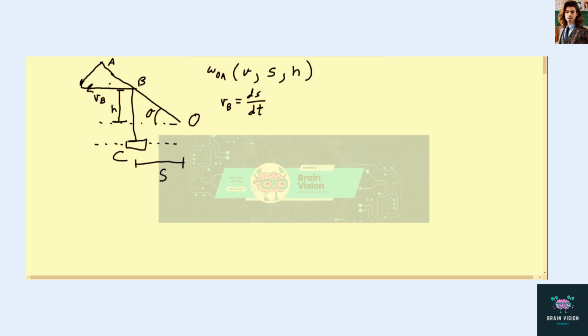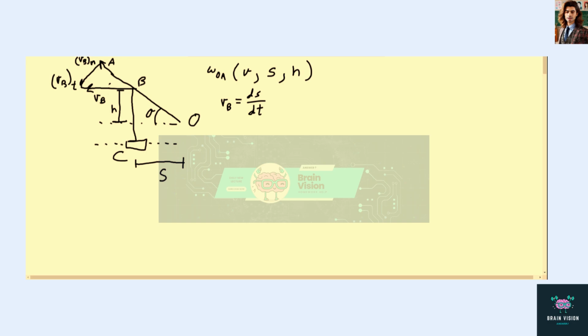We can then also look at the tangential and normal components to that velocity B. So the tangential component, this will be VBT down, and we'll have a component VBN along the pipe there.